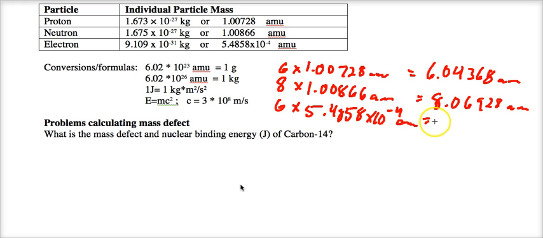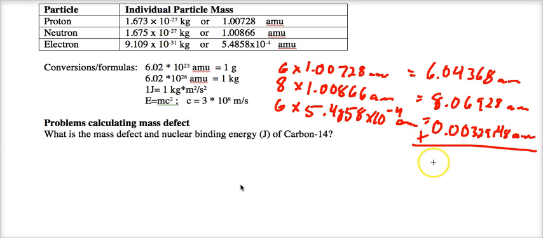Make that a little nicer, using my E button for the times 10 to the negative 4, I get 0.00329129148 AMU. And the mass of the parts, I crunch these numbers and I get, you can already see it's a little over 14, I get 14.11625 AMU.